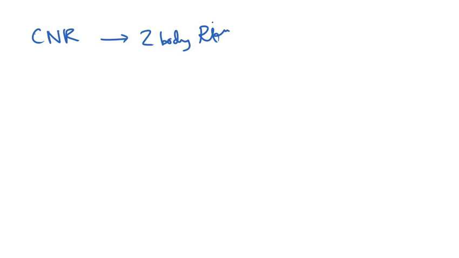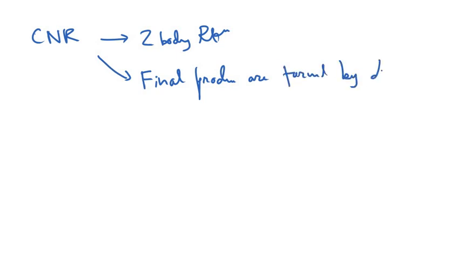So let me first write this. So basically, amalgamation: final products are formed by decay of an intermediate nucleus formed by fusion.